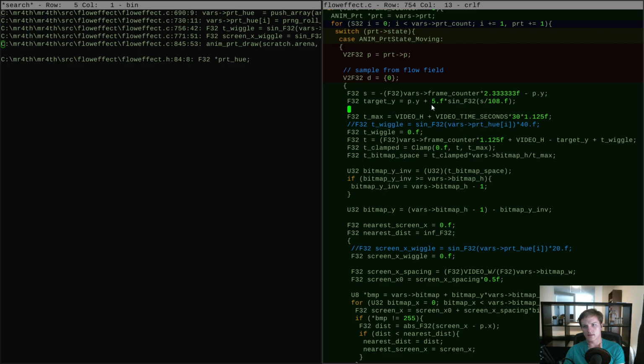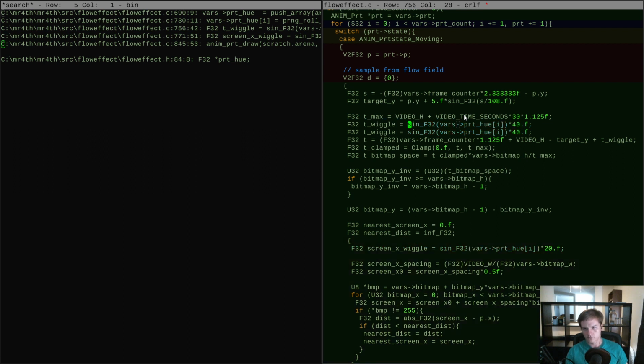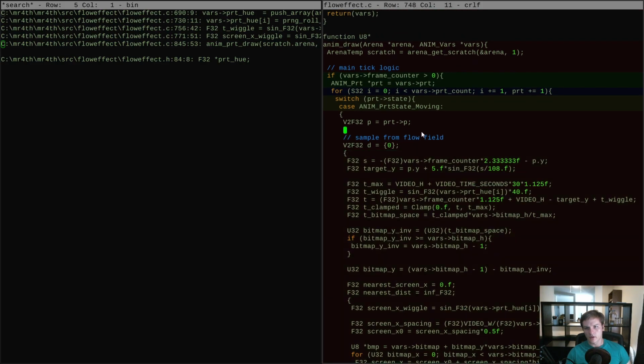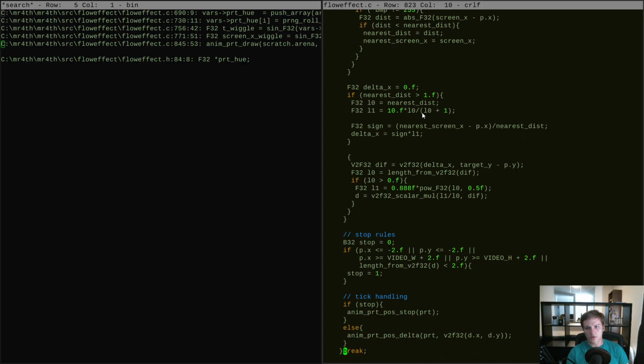It's using s, the time from the start of the animation. So moving state, we calculate.